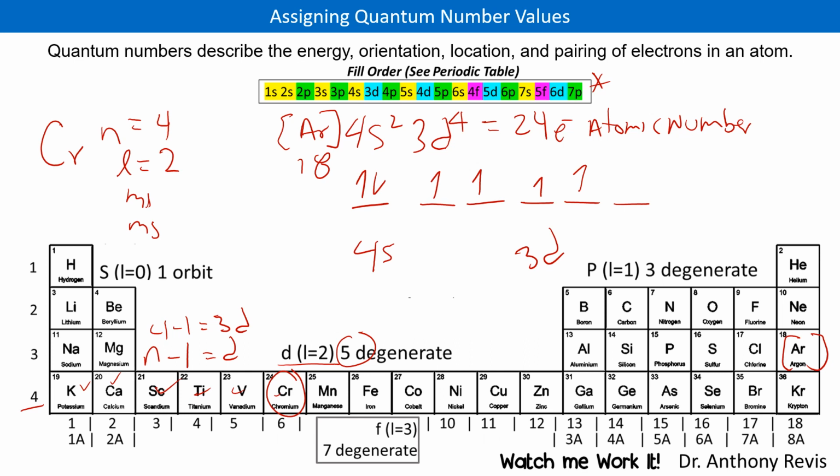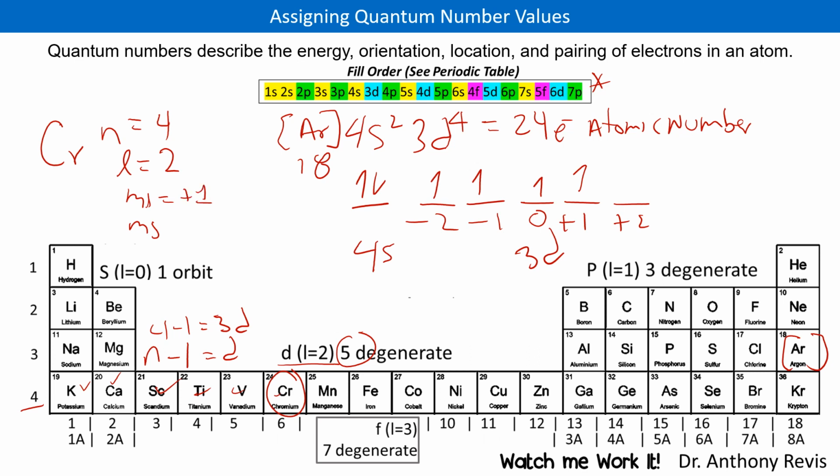And since we have chromium, we can now put in our ML by putting in the positions of 0, find the middle point, and go left, go right, go left, go right. And we know our last electron here is in the ML equal to +1, and that's the one we're interested in.